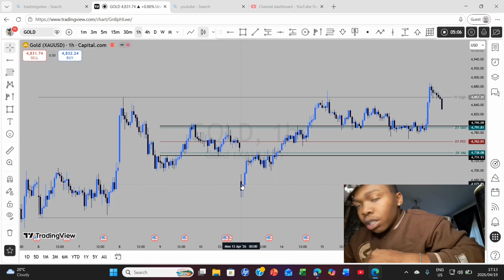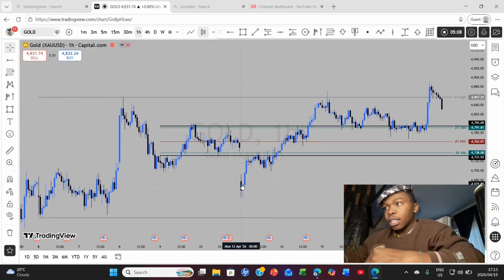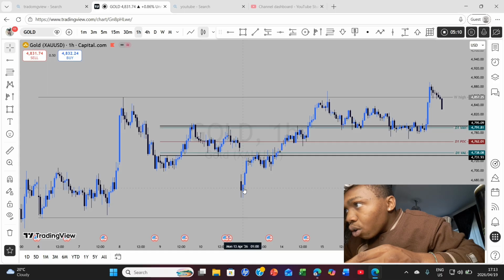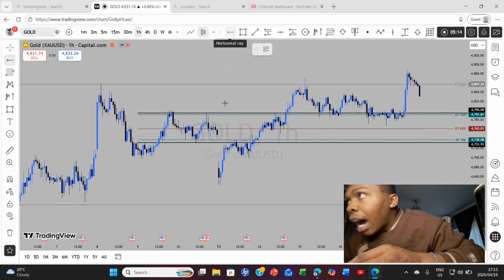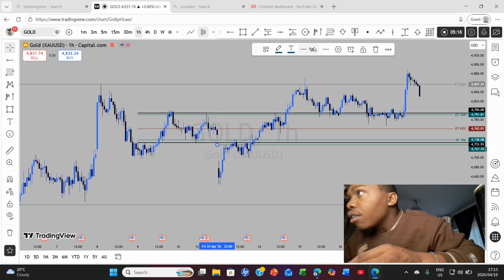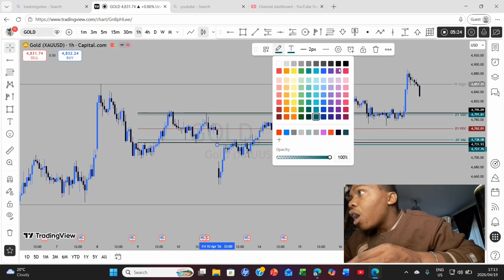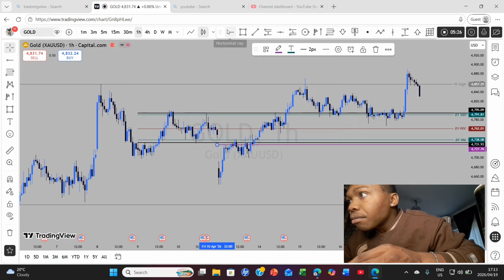First 4 hour, you need to count the 1 hourly candlesticks. 1, 2, 3, 4. So you are gonna mark the high and low of the first 4 hour. And then I'm gonna change the color to purple because that's how I love it and I understand it.